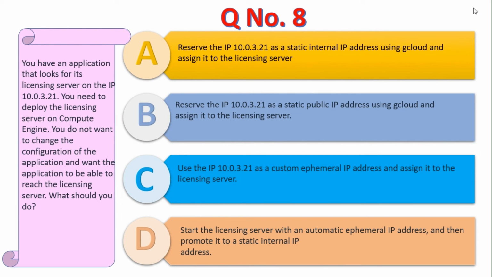C. Use the IP 10.0.3.21 as a custom ephemeral IP address and assign it to the licensing server. D. Start the licensing server with an automatic ephemeral IP address and then promote it to a static internal IP address. A is the correct answer.